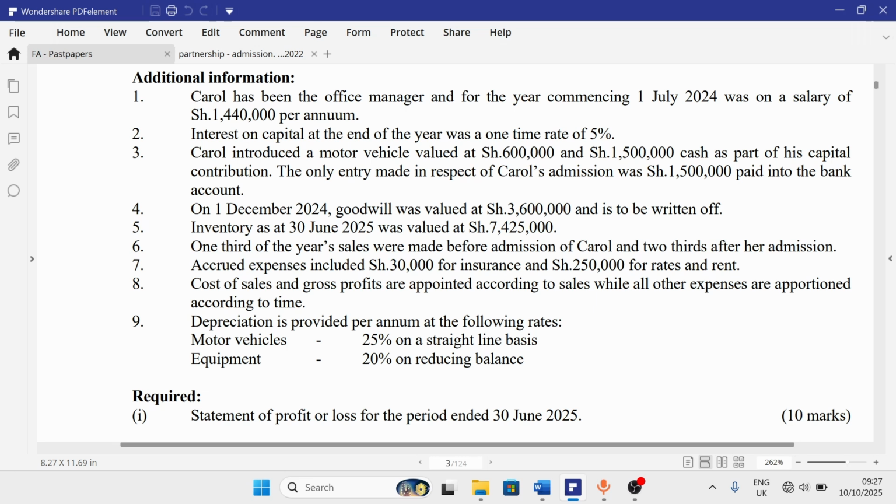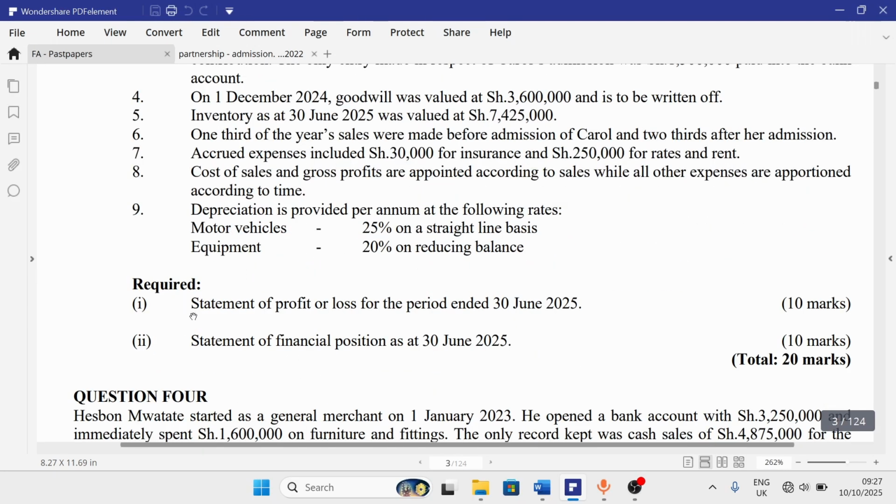And then lastly, number 9, depreciation is provided per annum at the following rates: motor vehicles 25% on a straight line basis, equipment 20% on reducing balance. So required: number 1, statement of profit or loss for the period ended 30th June 2025. Number 2, statement of financial position as at 30th June 2025.